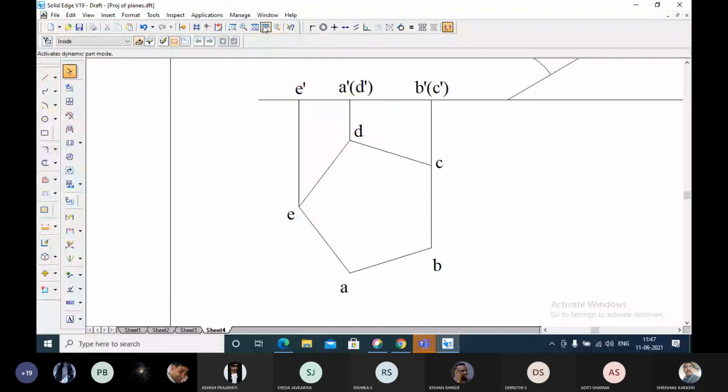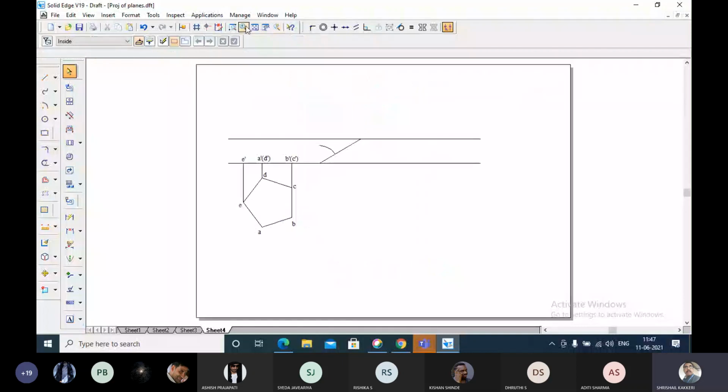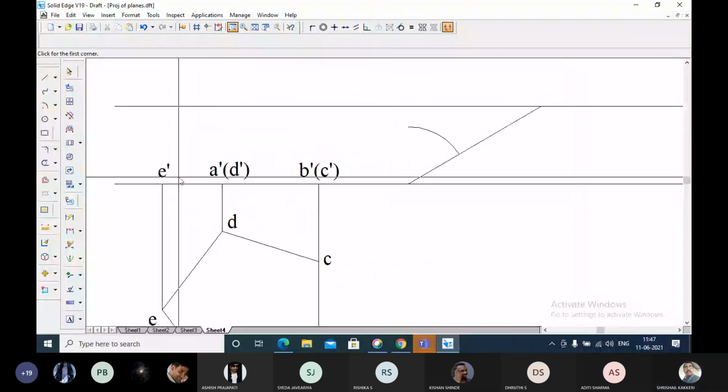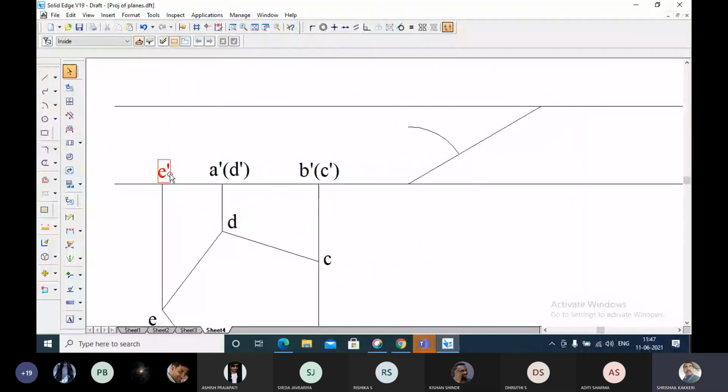Now, next position, select this, and select this also. Go to move and locate here. And this also I'm going to locate.